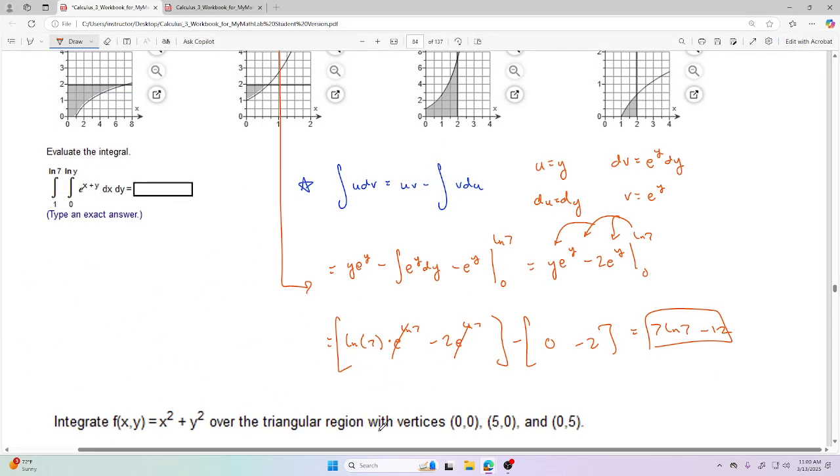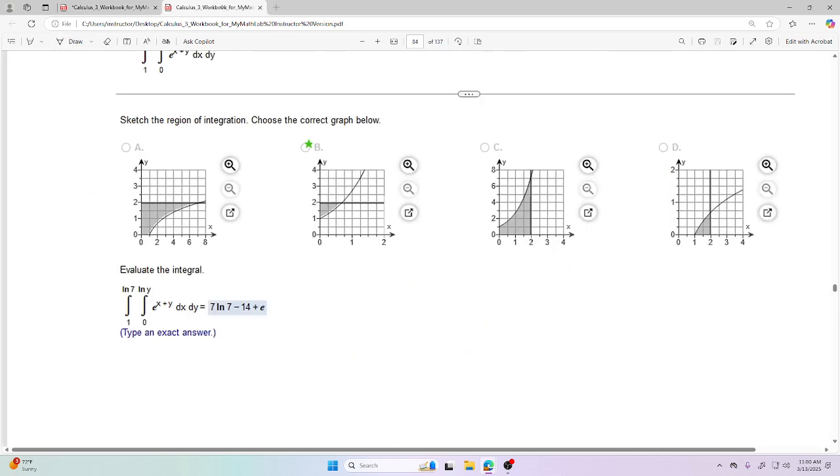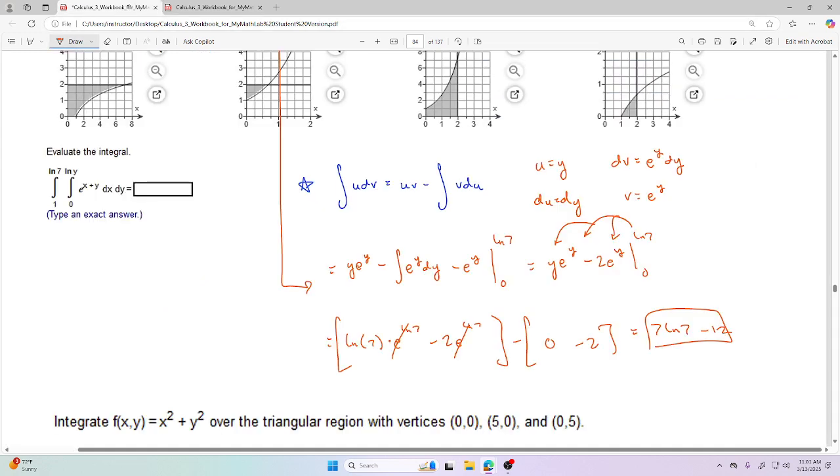Let's back up. I was moving fast right here. I think the 7 still comes to the front. This is a 14. But did I miss an e over here somewhere? Like if I plug in a 0 or something, is there an e hanging out? Because that's what their answer is, right? Look back here for a second. See, we got this, but I have a 2 and they have an e. So how did they get an e right here? Because if they had that, then I think we would be fine.